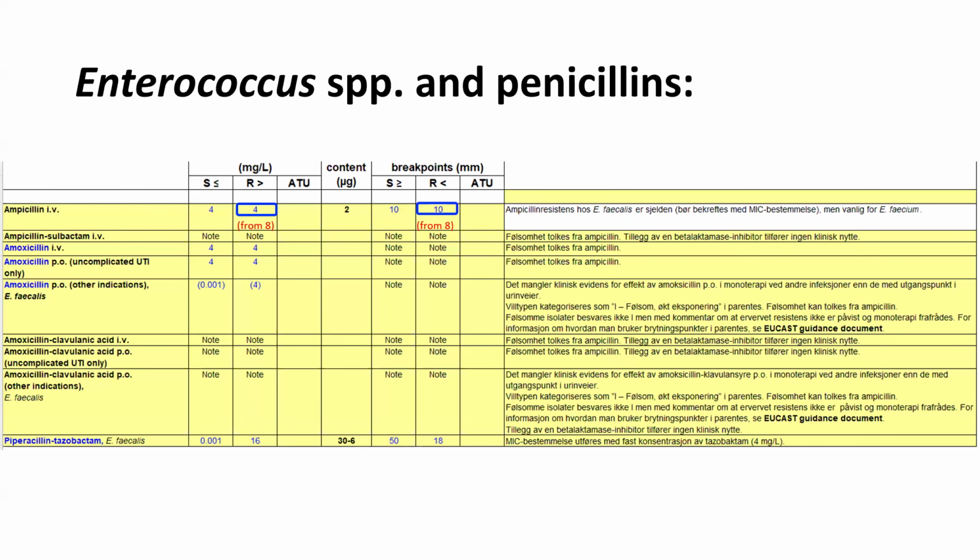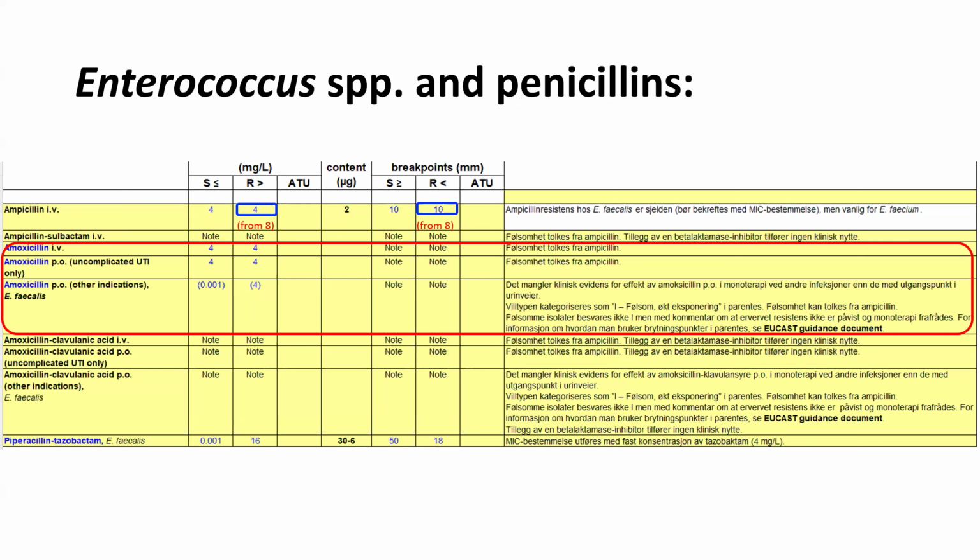So if we start with the penicillins, as you can see, it's almost completely yellow. For ampicillin, there are now revised MIC and zone diameter breakpoints. When it comes to amoxicillin, previously there was only amoxicillin, and now it's stated IV or oral. We might just remove this IV part since we don't use it in the Nordic countries. We'll see next year.